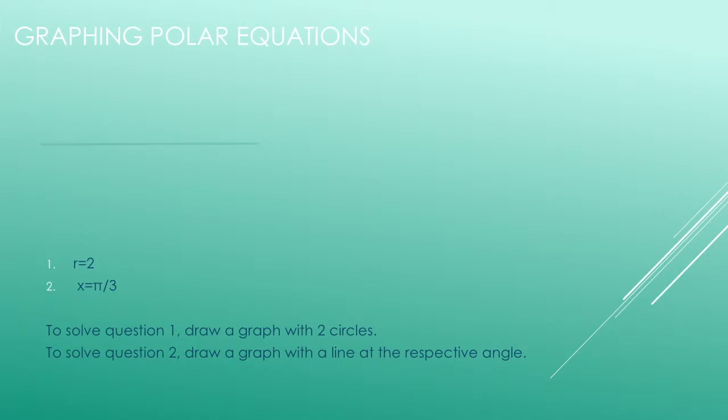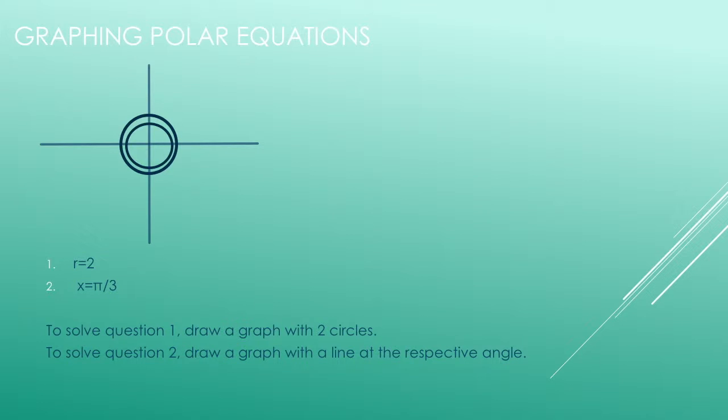So first we draw our x-plane, and then we draw our y-plane. For problem number 1, we're going to draw 2 circles. So circle number 1, and then circle number 2. That's literally everything you have to do for question number 1. Really easy.